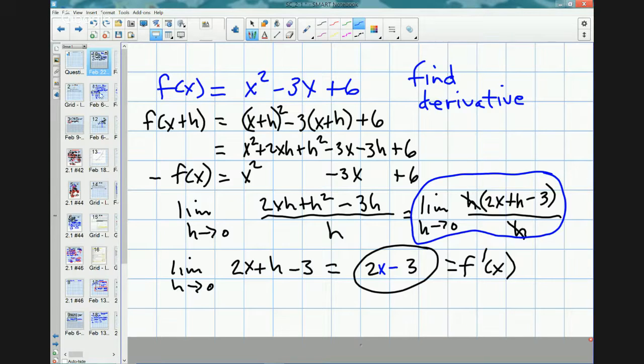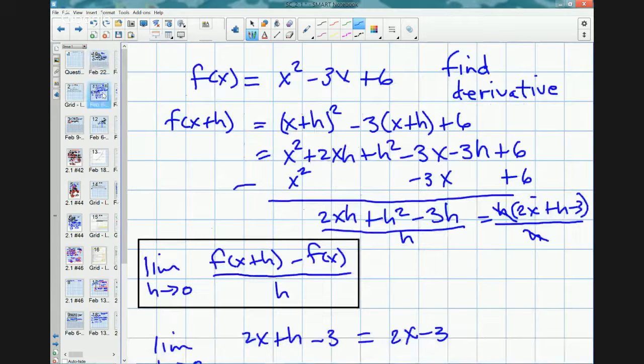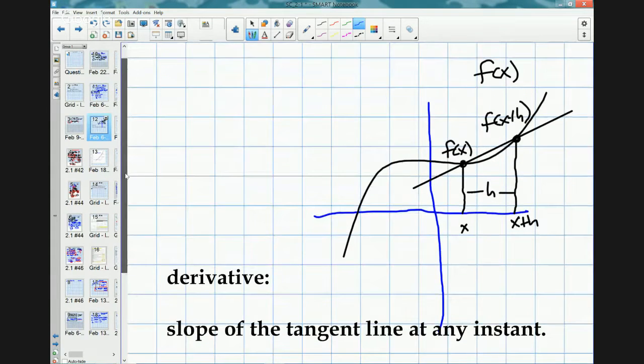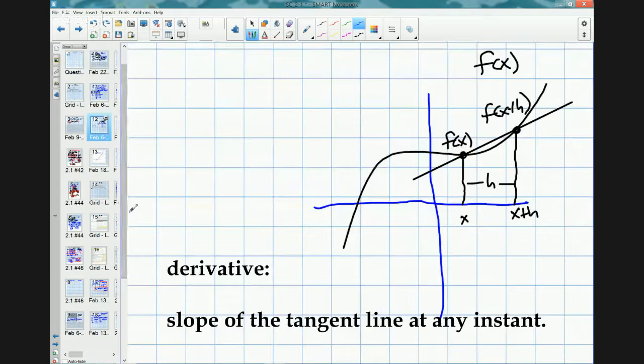Okay, how are we doing here? About halfway done. Okay, so this is the one we just did. Let me look at another one here. Yeah, so this is just another view of what we do when we find a derivative. You remember this map from the very beginning?